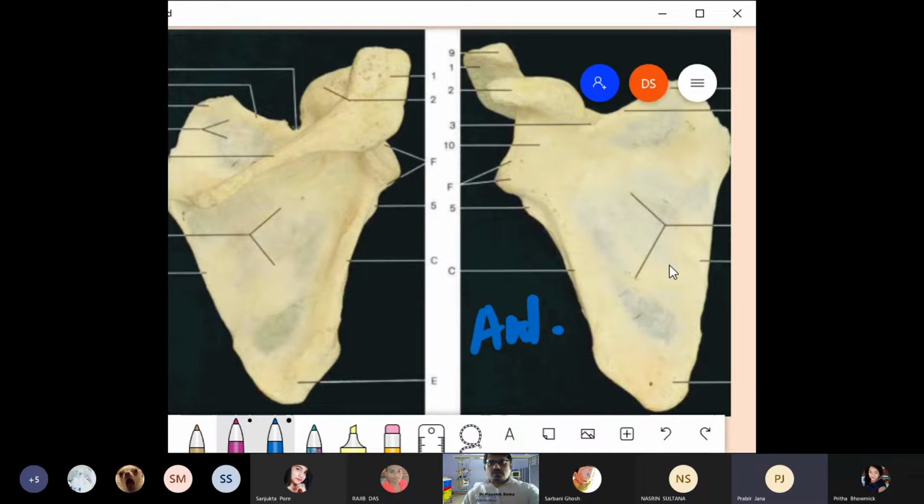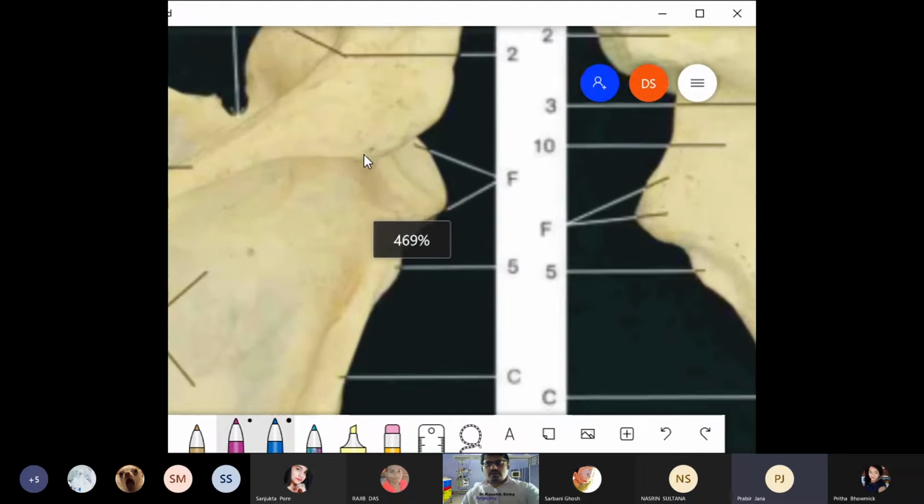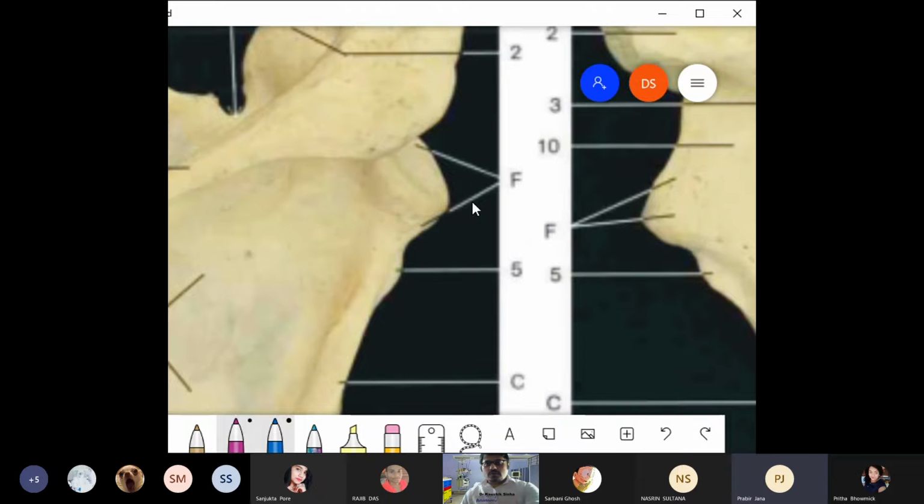Okay, now you might have a question of where the glenoid cavity is. Notice out here that from the posterior view, a kind of dish-like depression can be seen. The entire structure cannot be seen because it is partly guarded by the spine of the scapula.